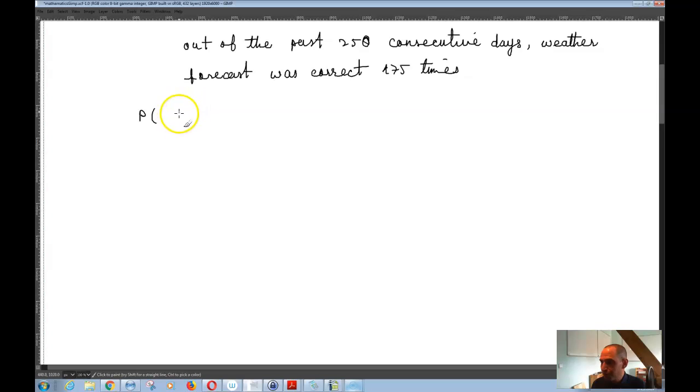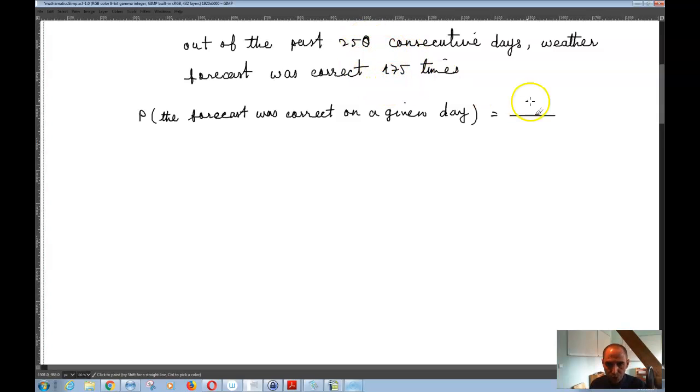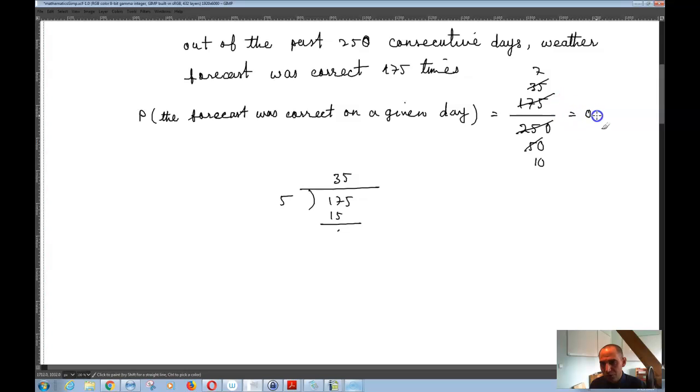It is the number of days in which the weather forecast was correct, which is 175, divided by the total number of days, which is 250, and that's equal to 175 divided by 5 is 35, 250 divided by 5 is 50, and 35 divided by 5 is 7, 50 divided by 5 is 10, so 7 tenths is 0.7.